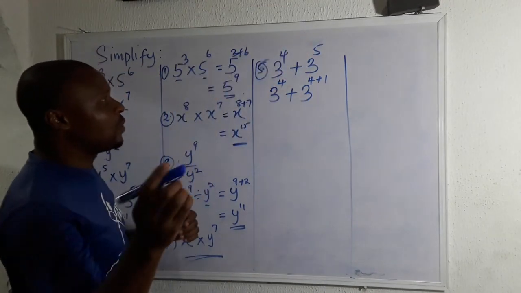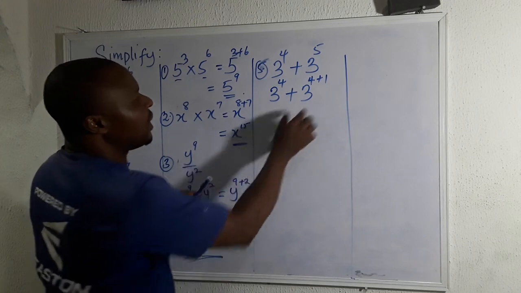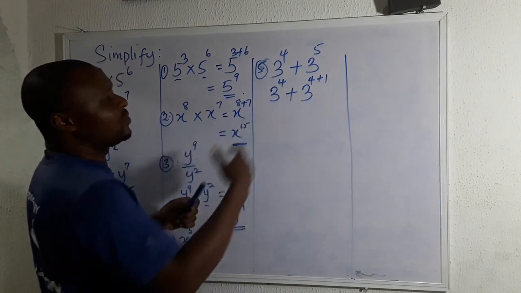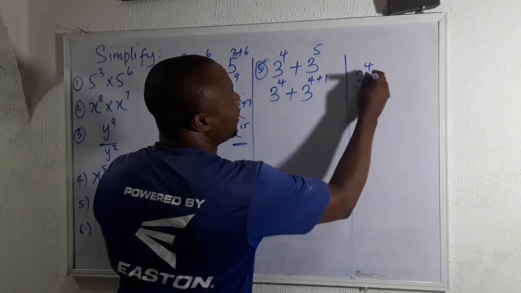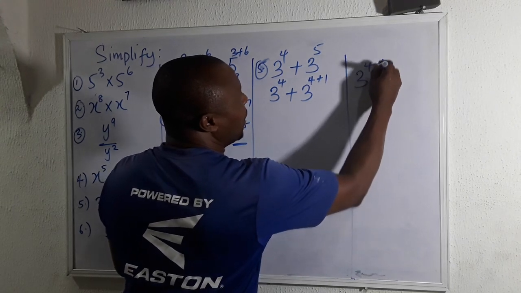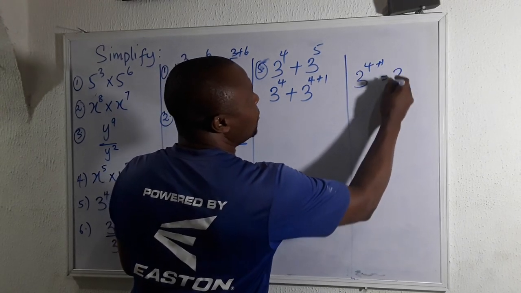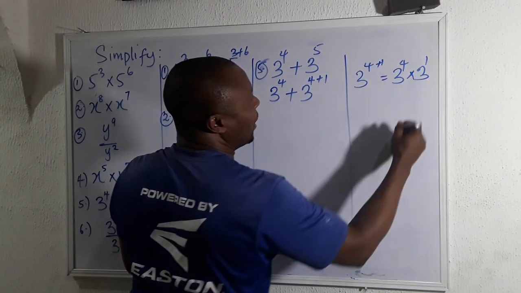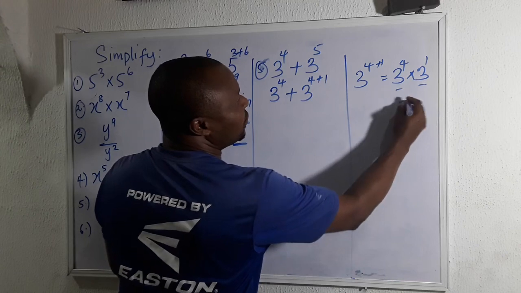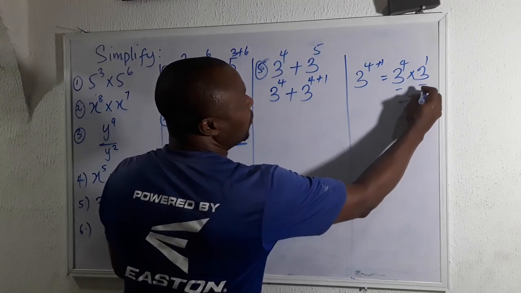So what we are going to do here is re-express this using the law of indices. Of course, 3 raised to power 4 plus 1 is the same thing as 3 raised to power 4 times 3 raised to power 1. Of course, the bases are the same, so if you take one, that will be 3 raised to power 4 plus 1.